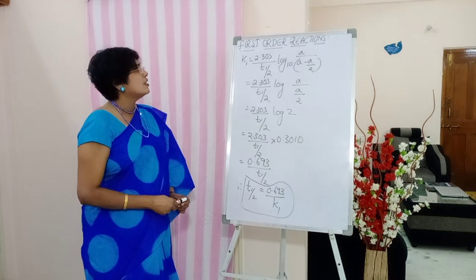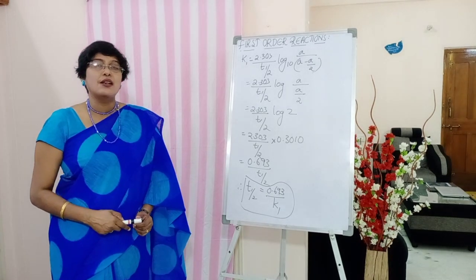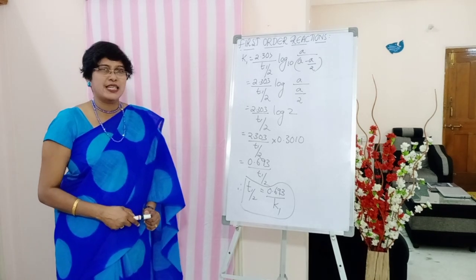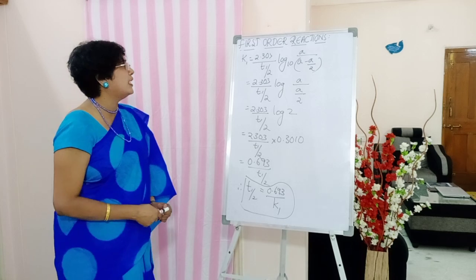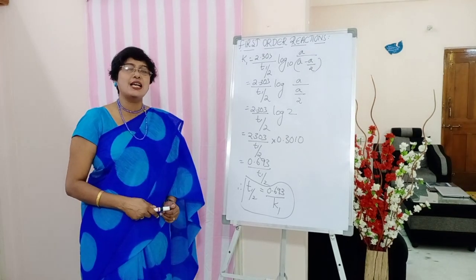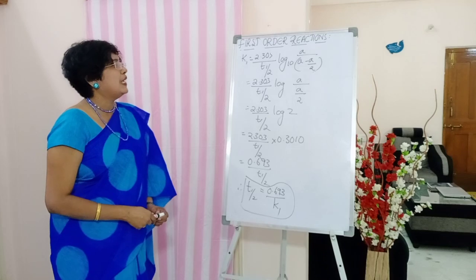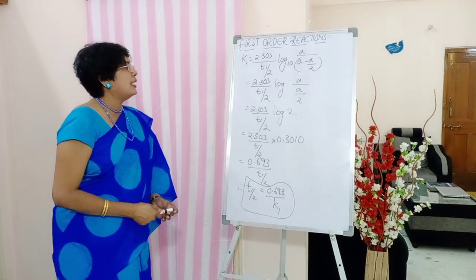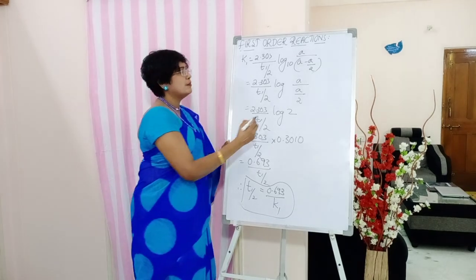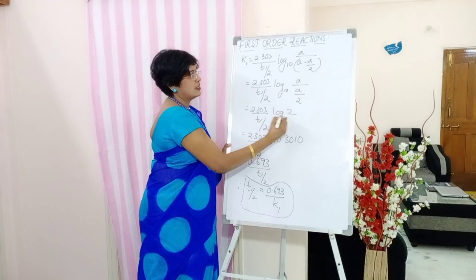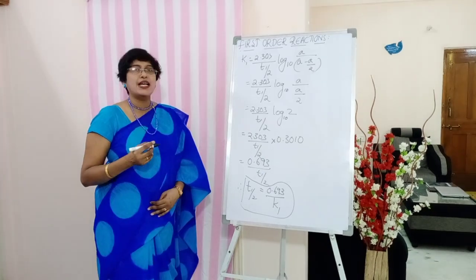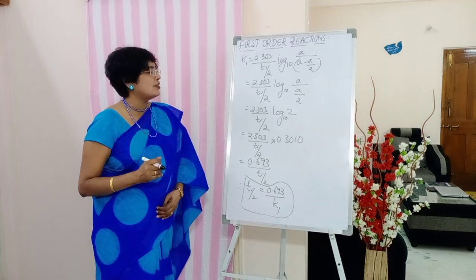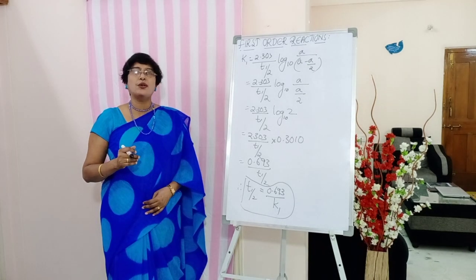K1 is equal to 2.303 by t half log of a by a minus a by 2, base 10. Next step: 2.303 by t half log of a by a by 2, since a minus a by 2 is a by 2. A gets cancelled, 2 goes up. So 2.303 by t half log of 2, base 10.